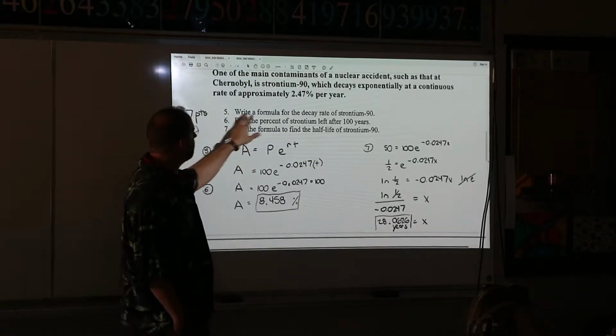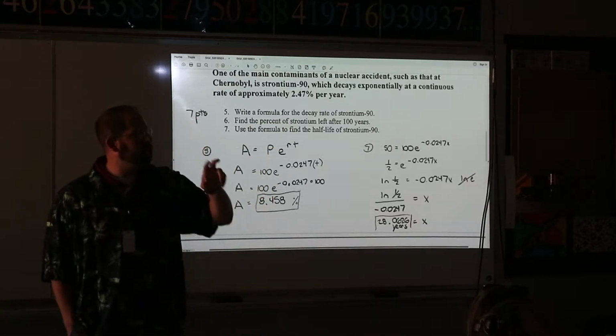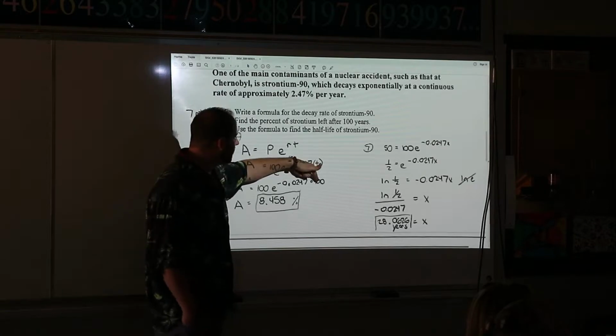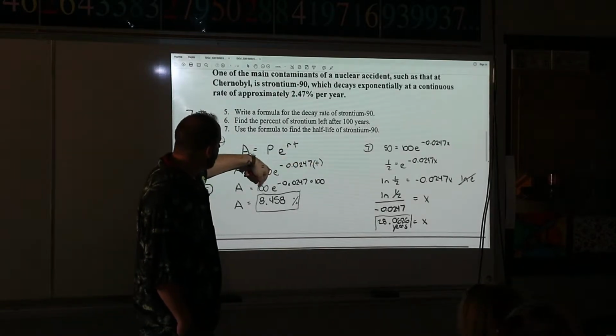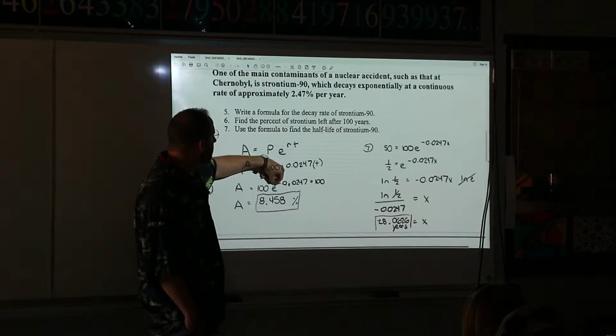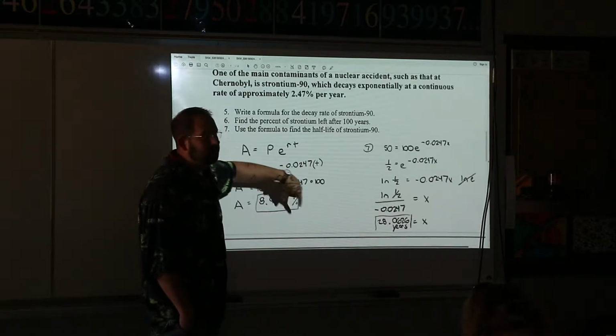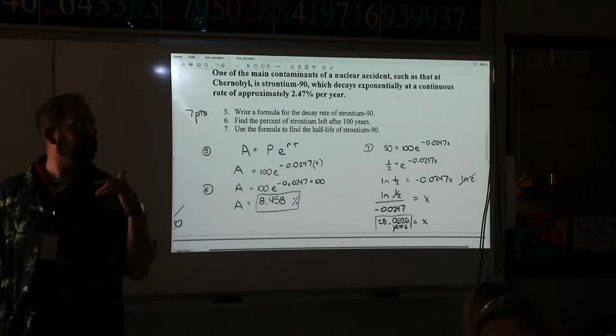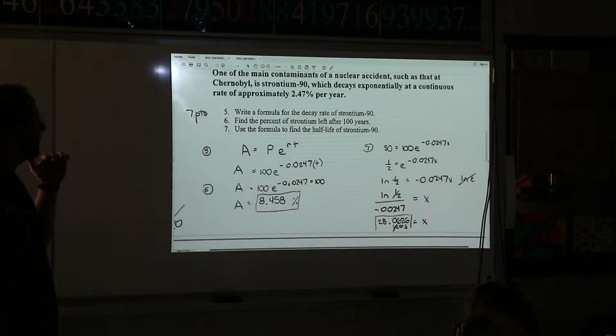Now, that's part 1, right? The formula. Part 2 said find out what happens 100 years later. So you put in 100 for the time. You actually type this in the amount here. I just put 100 for 100%. When you decay, this number is the amount you're decaying by. It could be close. If you use the formula above, you would have been off by a few decimals.